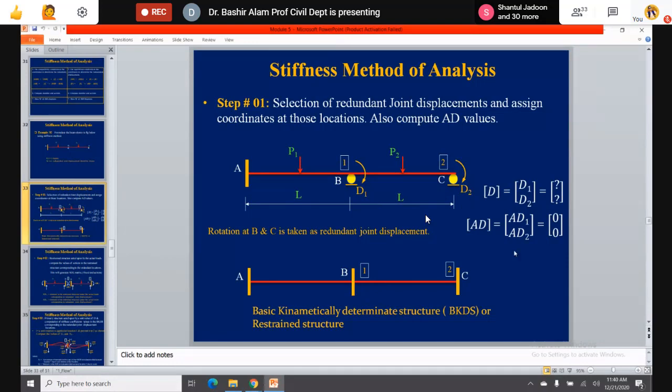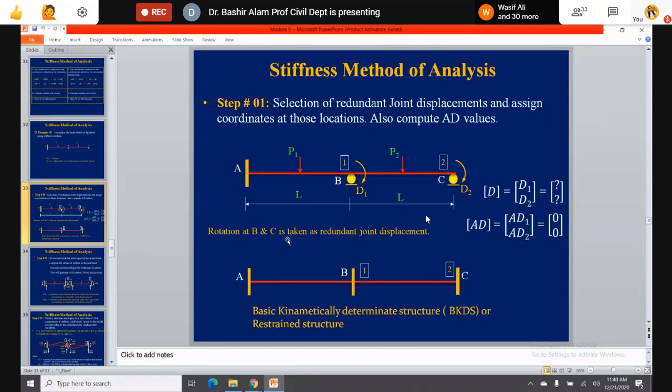So to make this AD1 matrix, we look at the externally applied actions corresponding to the displaceable joints. So here, these are equal to 0. So right in step number 1, we declare our unknowns and their corresponding externally applied actions.